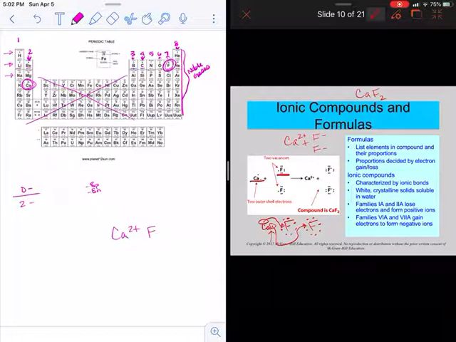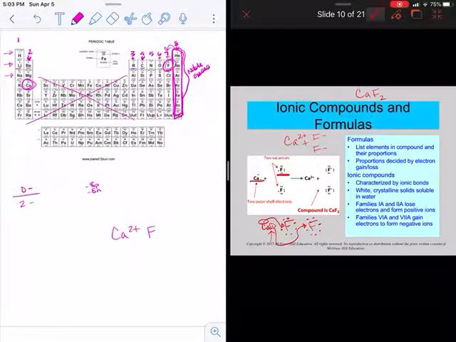Now the non-metals are a little bit different because you don't go by what group they're in. You go by how many back they are. So like, here's the noble gases, and they're like 0 kind of because they don't need anything.